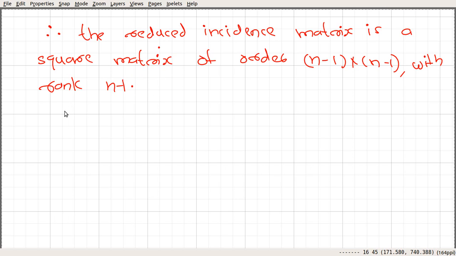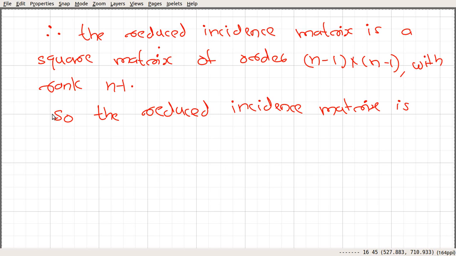Okay, reduced incident matrix square with rank n minus 1. So the reduced incident matrix is invertible or non-singular.